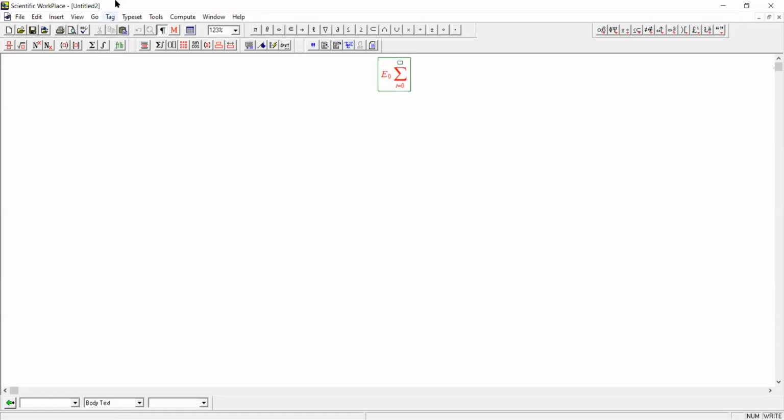Here is the sum over periods t from 0 to infinity. Here is the discount factor, rho. And the utility function will have two arguments. One will be consumption, and the other will be leisure.